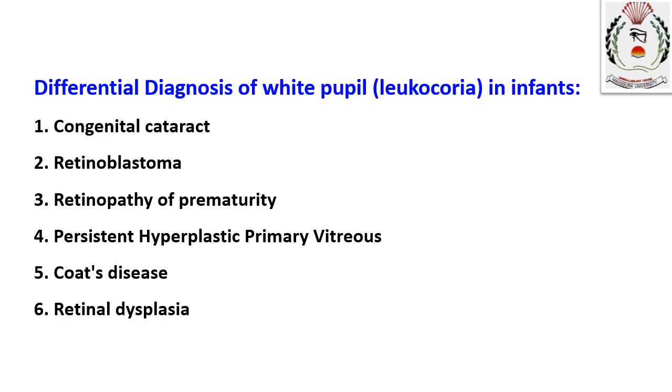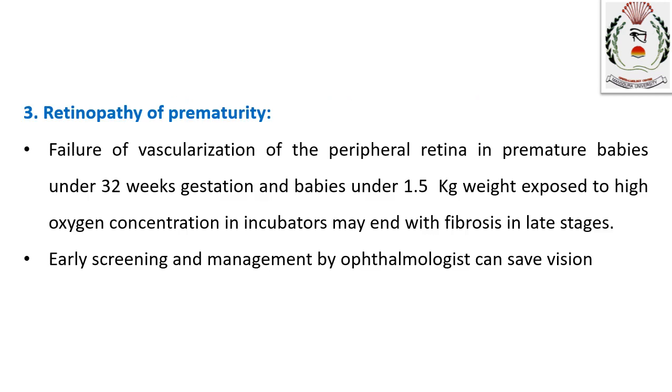Again, for the differential diagnosis of leukocoria in children, we explained here congenital cataract and retinoblastoma. Other causes may be retinopathy of prematurity. Retinopathy of prematurity occurs if a baby is born premature, under 32 weeks gestation, and birth weight is less than 1.5 kilogram.